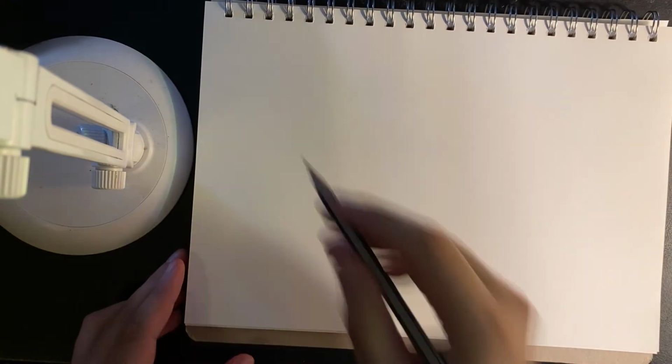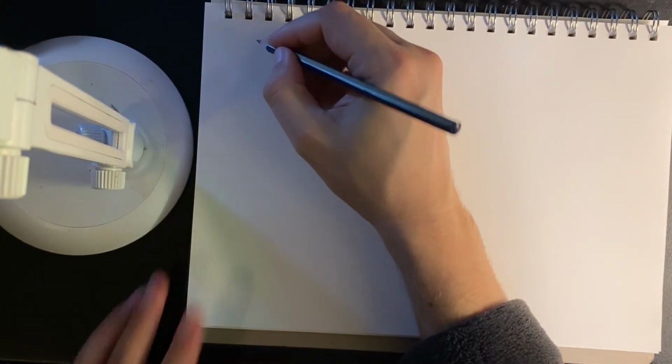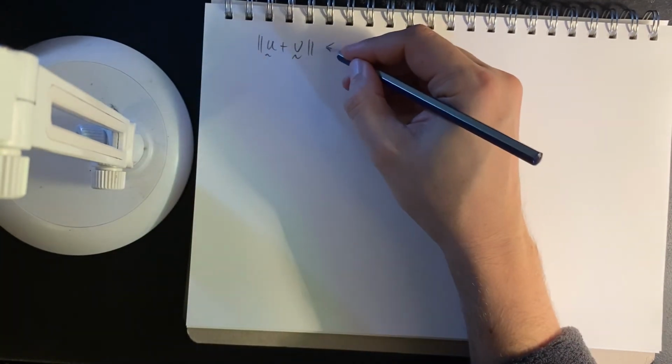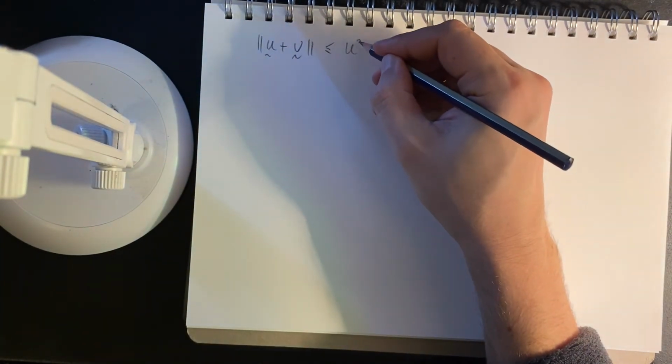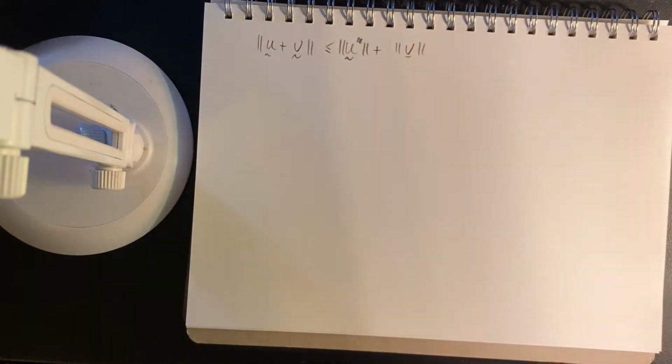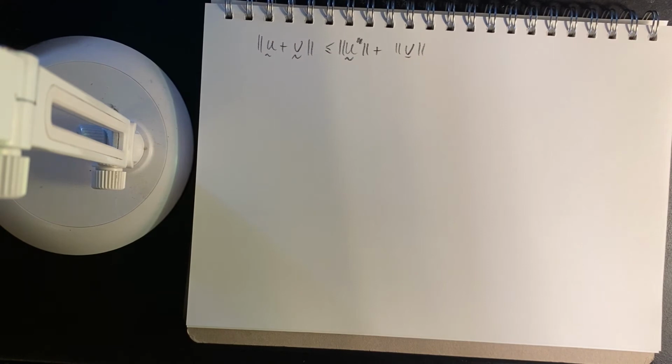So remember, the triangle inequality states that the norm of u plus v is less than or equal to the individual norms. Okay. Let's start with the left-hand side and then the right-hand side and compare them.